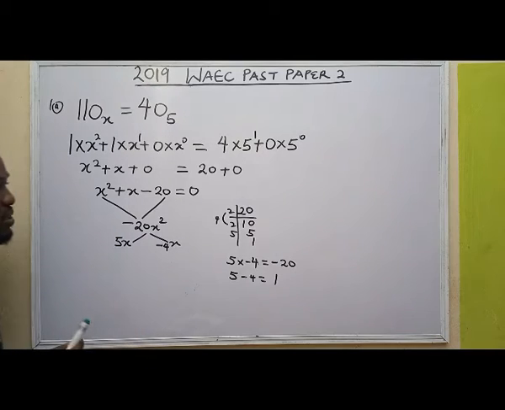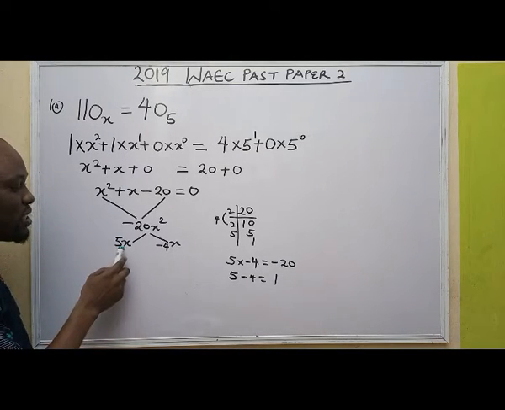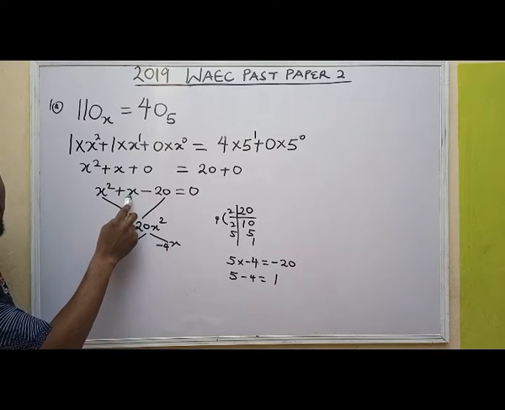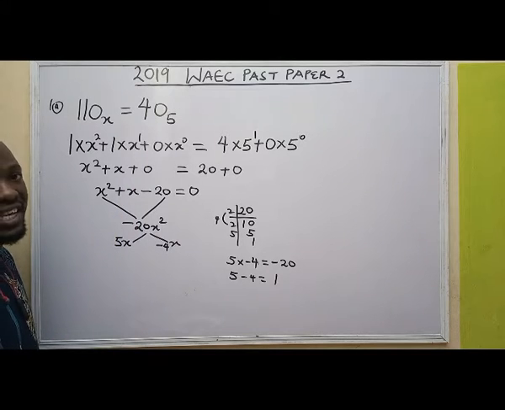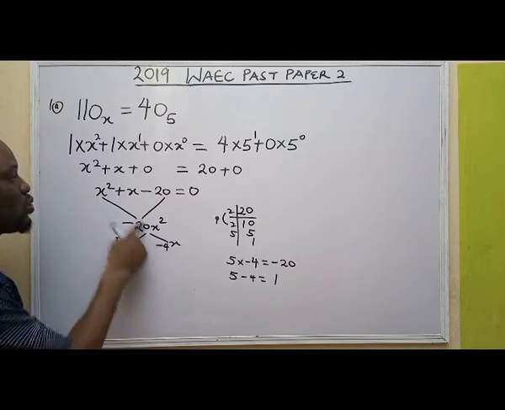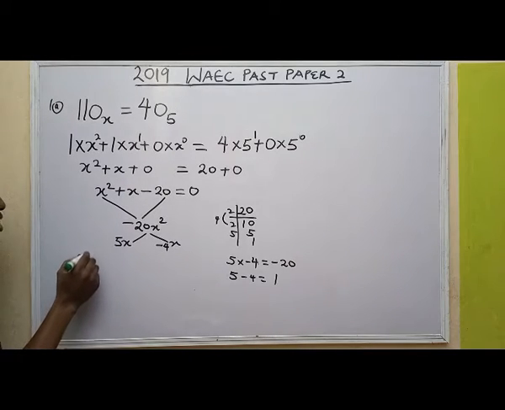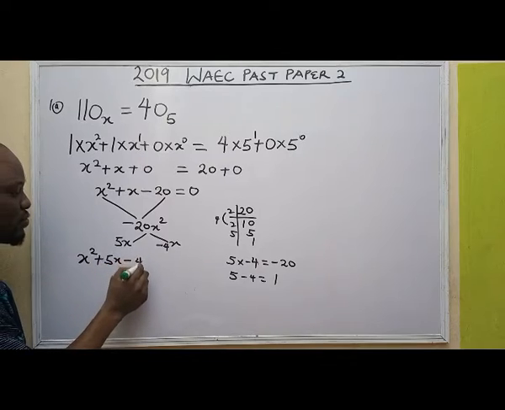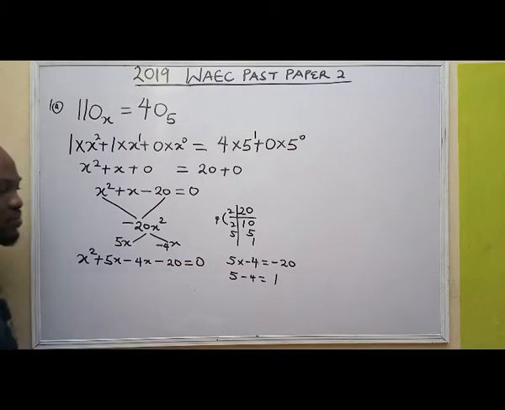Now the next step is that I'm going to replace x by 5x and minus 4x, because 5x minus 4x will actually give me plus x. So I'm replacing this by these two. If I do that, my expression becomes x squared plus 5x minus 4x minus 20 equals 0.